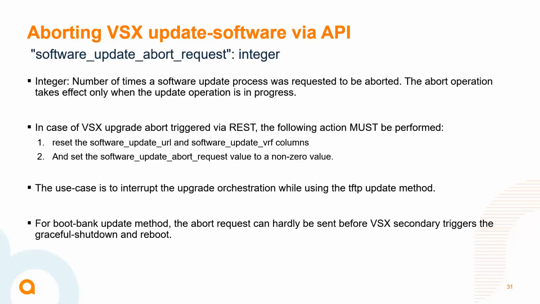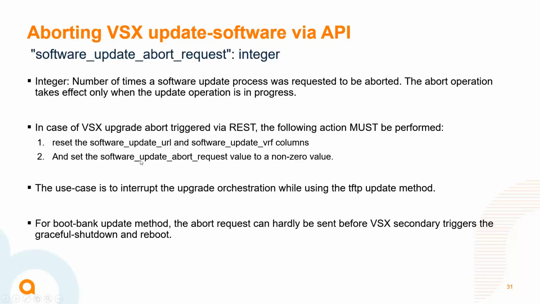It can happen that the request has been done many times, due to previous VS6 updates that were triggered through REST. So you will have to make sure to reset the software update URL command and the software update VRF column as well.